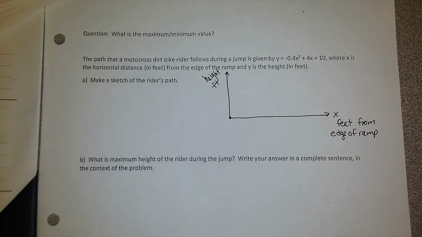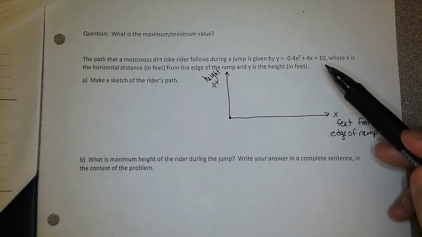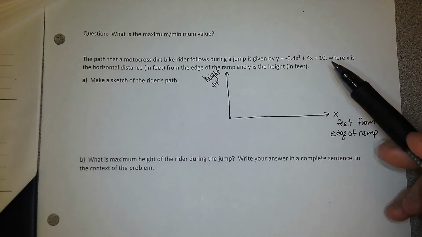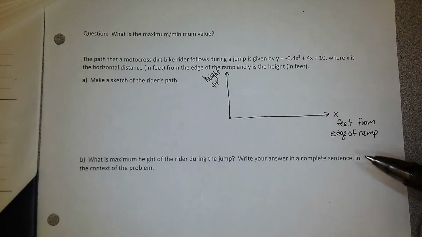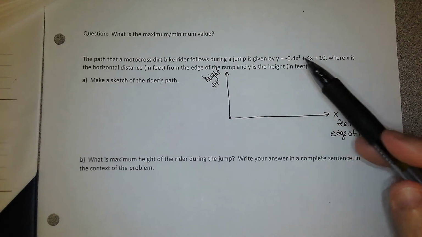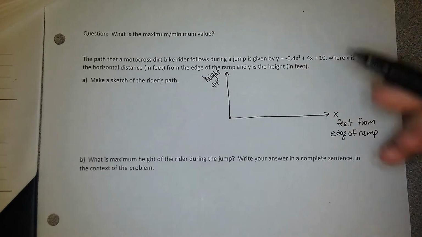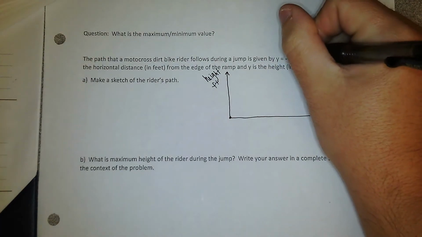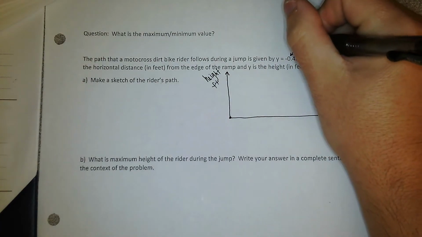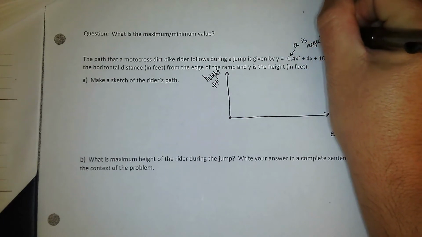So what do we need to know? Well, there's our function. The first thing we should probably do is find the fact that it's a quadratic. So it's got a negative a value, and because it has a negative a value, that means that it's going to open down.